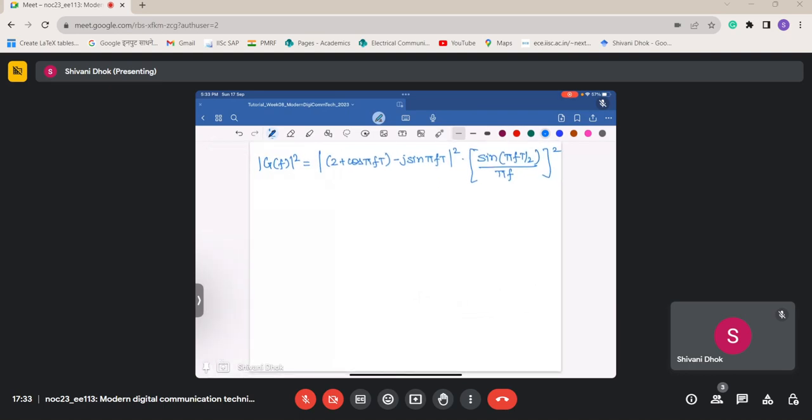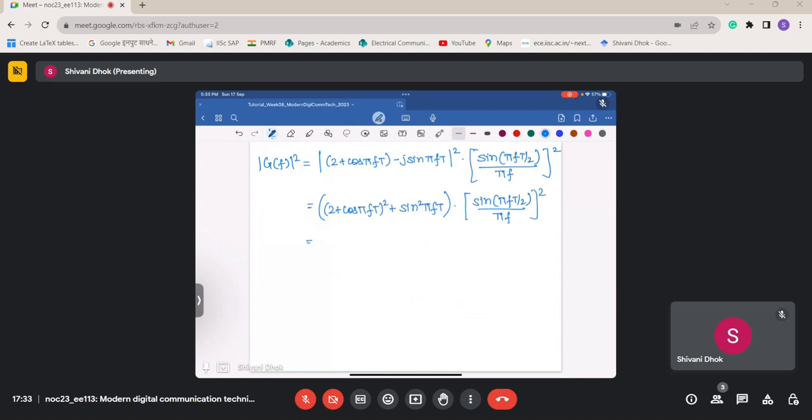So now this comes out to be 2 plus cos pi f capital T whole square plus sine square pi f capital T multiplied by sine of pi f T by 2 upon pi f whole square.